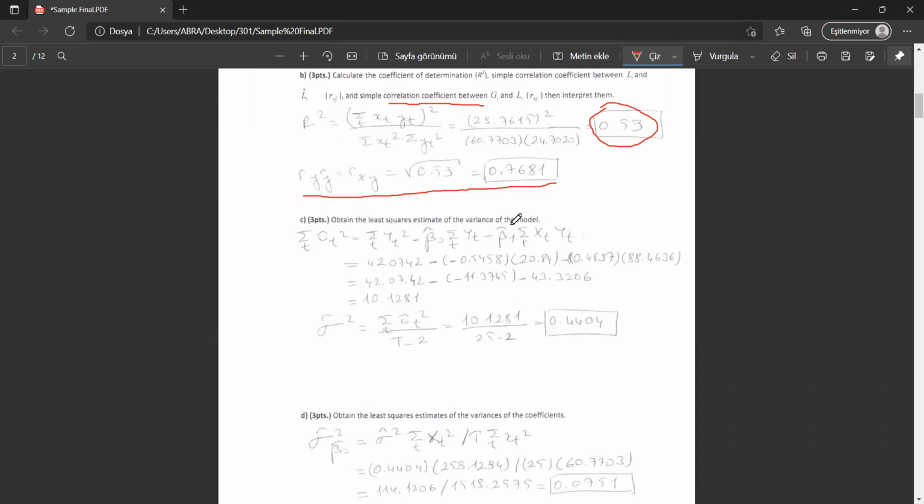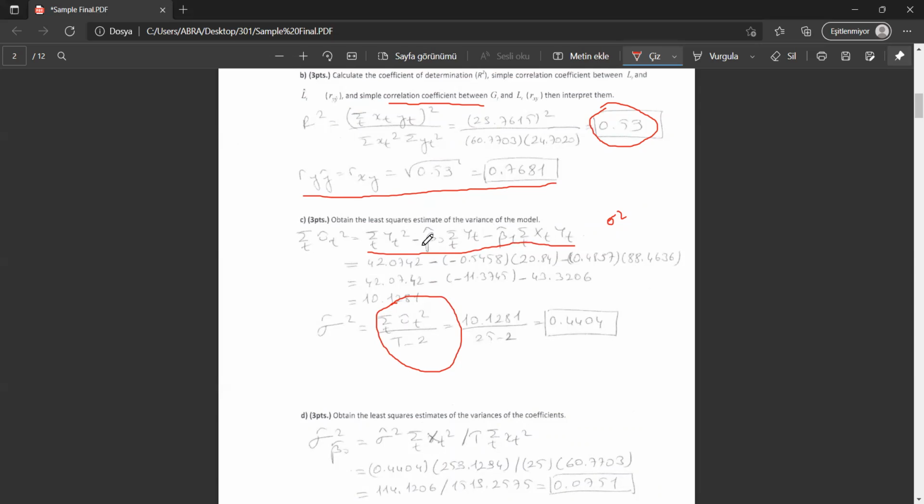Now, to find the variance of the model, we know that the variance of the model is sigma squared, and sigma squared's formula is the summation of ut hat squared over sample size minus 2. Here is the formula. And the summation of ut hat squared can be found from this formula. It is the summation of yt squared minus beta 0 hat summation yt minus beta 1 hat summation xt yt.